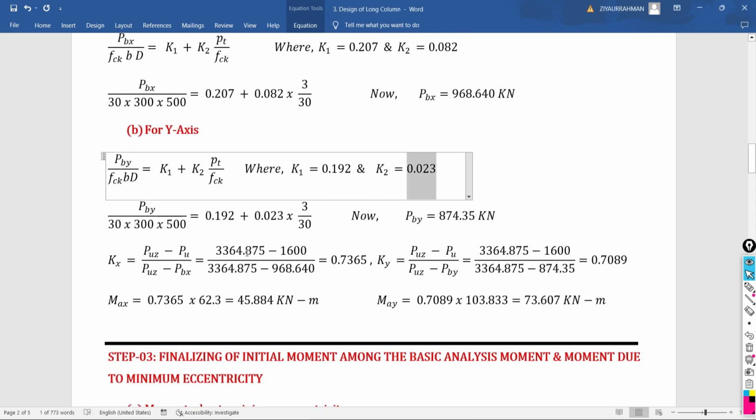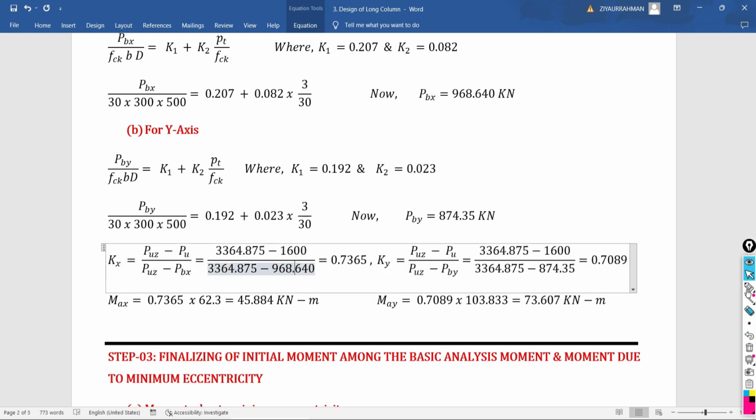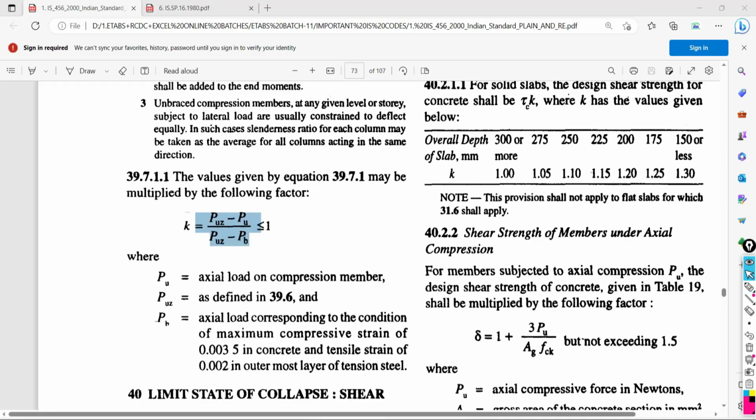That I am going to put here, minus pure axial load, 1600, the analysis value, divided by Puz again, minus Pbx. First time we have to put the Pbx. After doing the calculation, we are getting the value of 0.7365, and Ky value we are getting as 0.7089. The code has specified that this K value should be less than 1.